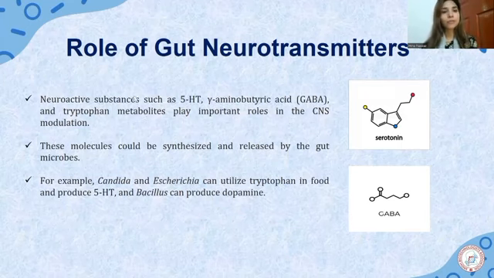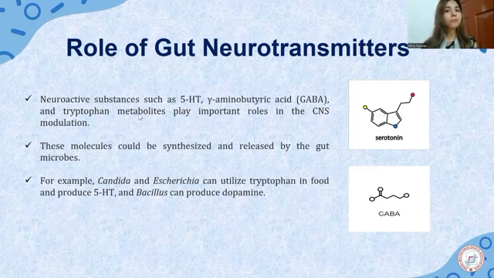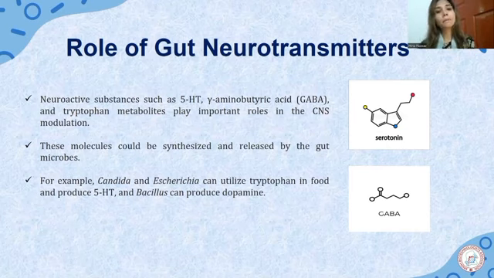These neuroactive substances play an important role in modulating the functioning of your central nervous system. These molecules can be synthesized or released by your gut microbiome, that is, the good bacteria that reside in your gut. For example, Bacillus can produce dopamine, or Candida can utilize tryptophan present in your food and produce serotonin, or 5-HT.